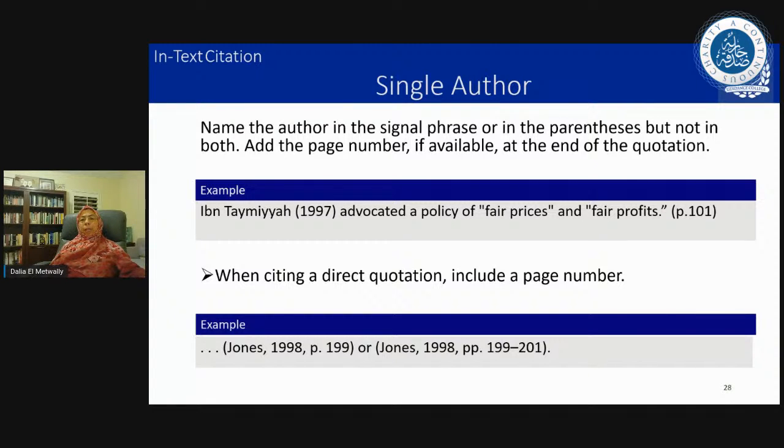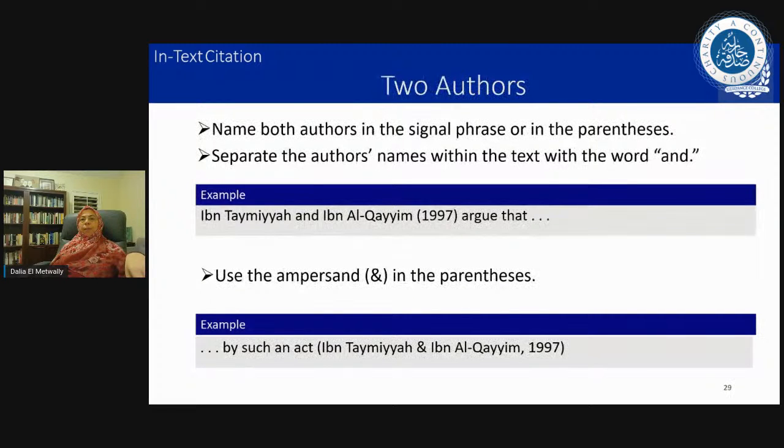However, if I did not mention the name in the signal phrase, I have to put it in parentheses. I'm going to separate with a comma, the date, comma, the page number. So always remember the date follows the author's name, whether it gets placed in the signal phrase or in the parentheses.